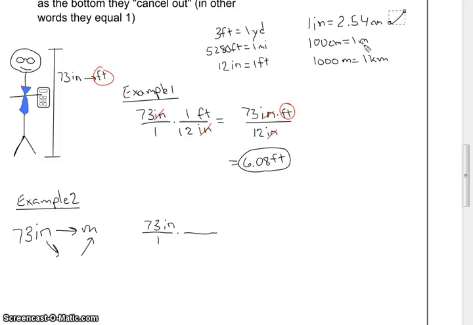Here's centimeters to meters. So let's see, inches to centimeters, that would be this one, and then centimeters to meters, there it is. So we can't go this route because we don't have a direct conversion, but we will be able to use these two conversion factors to actually work this out.